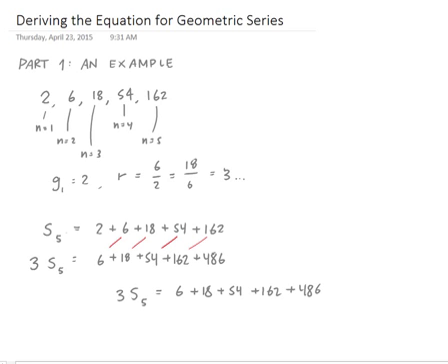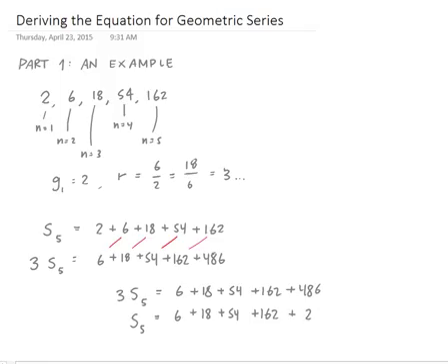And down here, I'm going to repeat my original S5, and I'm going to rewrite this a little bit. I'm going to do this as 6 plus 18 plus 54 plus 162 plus 2.